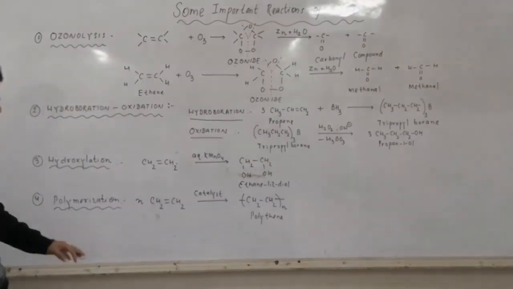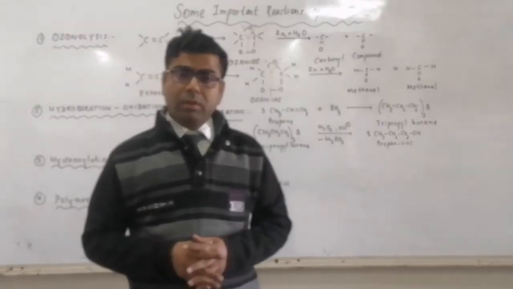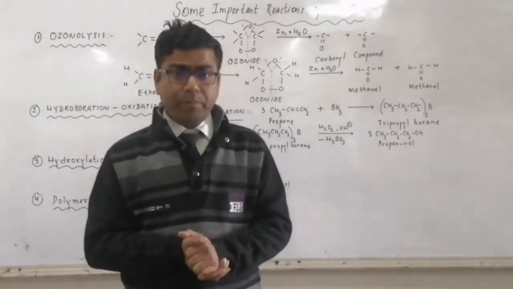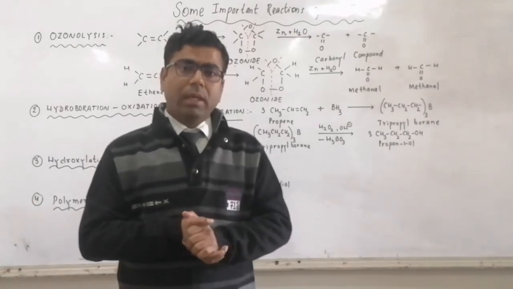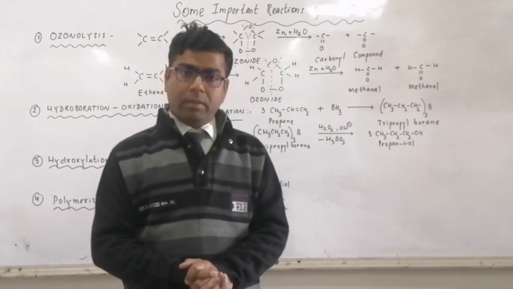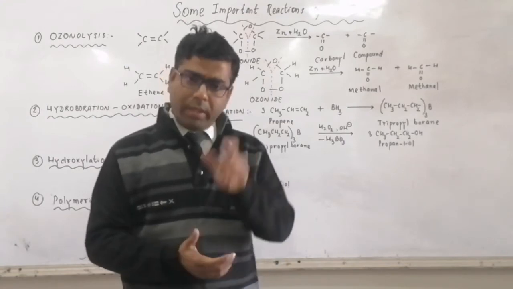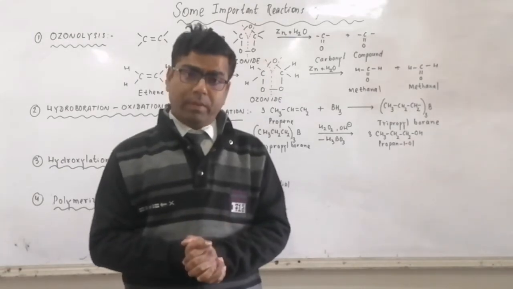Now the last one is polymerization. In this reaction, small molecules which are called monomers get converted to a large molecule which is called a polymer, where repetition of small molecules will be there.